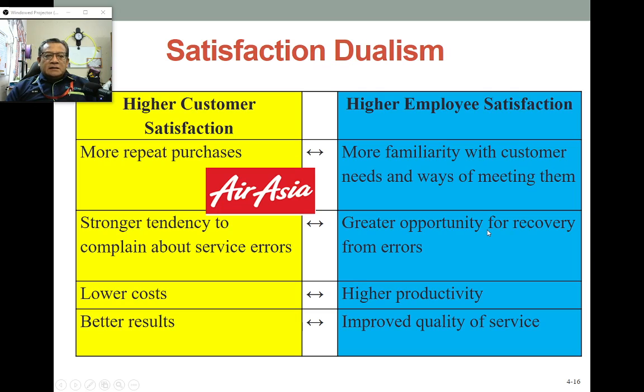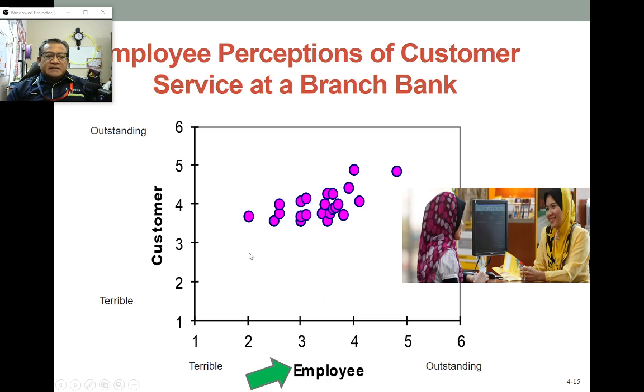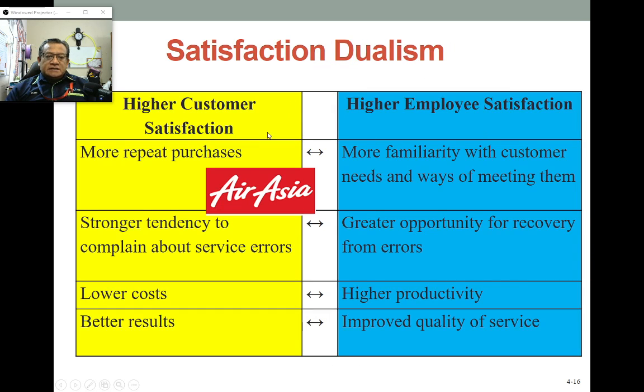Okay, this is what they interpret as satisfaction dualism, like the previous slide. I explained that whatever employees say reflects on customer perceived benefit. So this is how the chart is transformed and explained in the form of these two columns. The right column is higher customer satisfaction, which will also lead to and influence higher employee satisfaction.